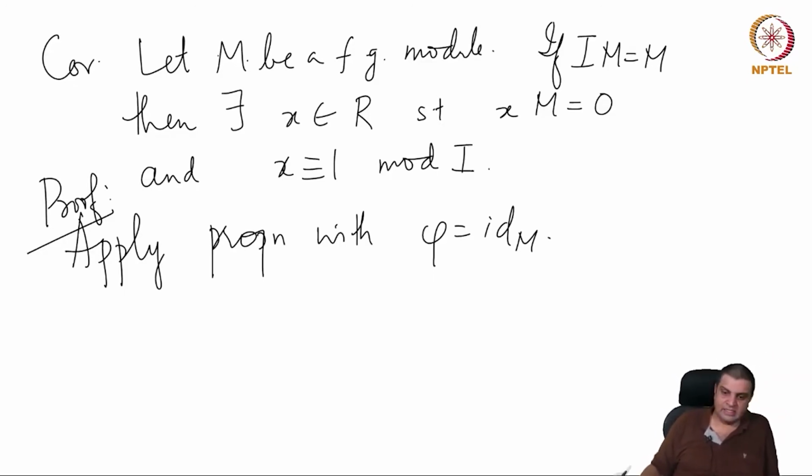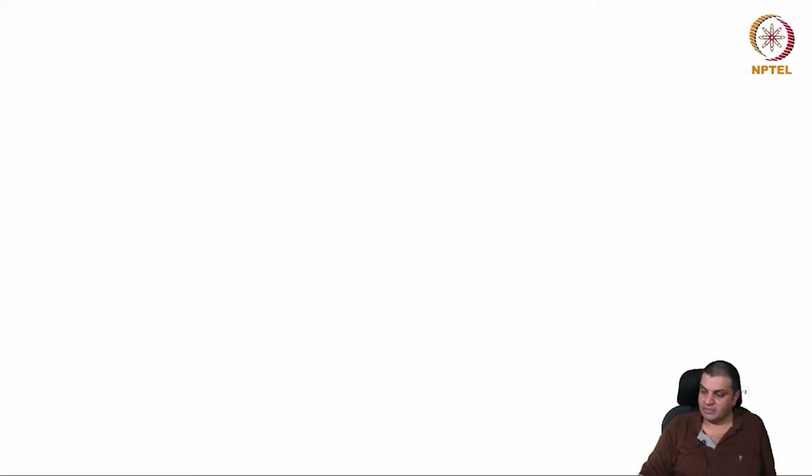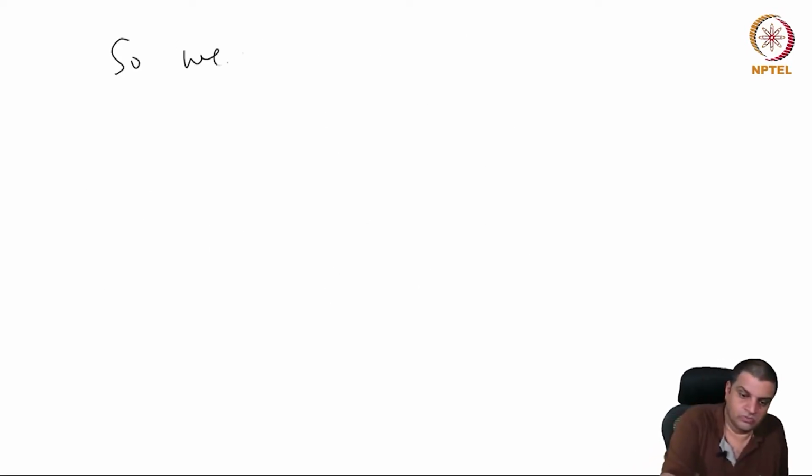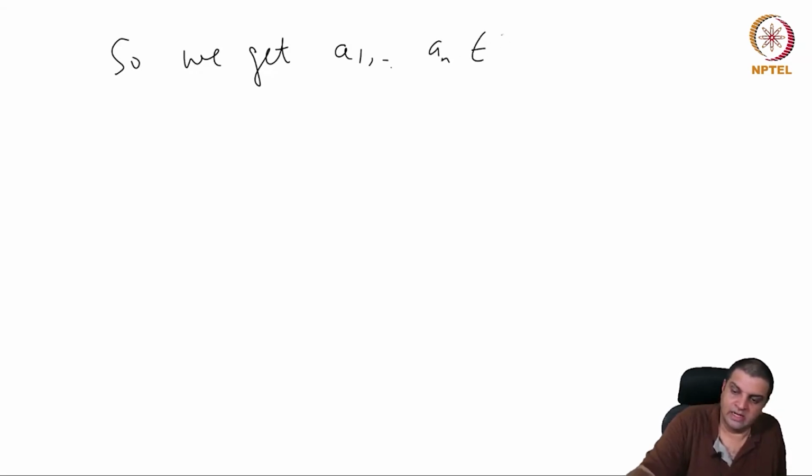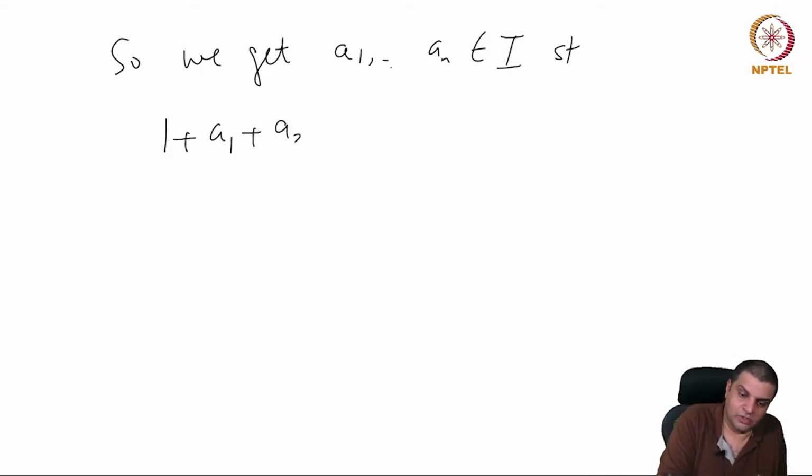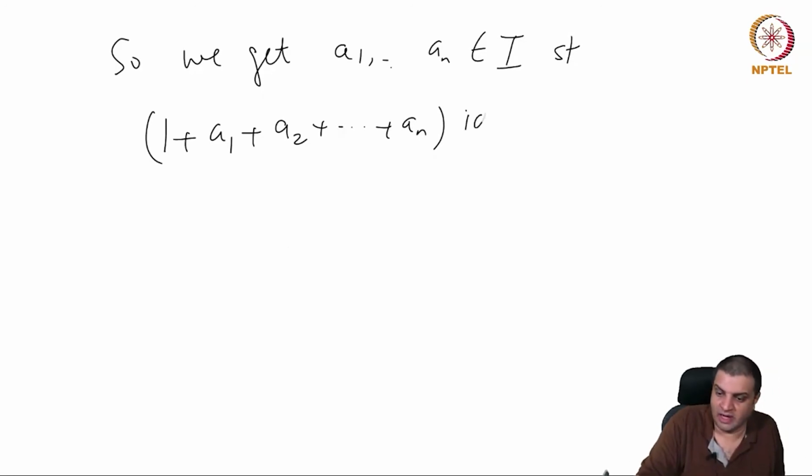So now what do we get? Notice that if you take the identity map and raise it to any power, it is just the identity map itself. So we get a1 through an inside I such that 1 plus a1 plus a2 plus up to an, times the identity, since phi to the i all factor out as the identity map on M, equals 0.